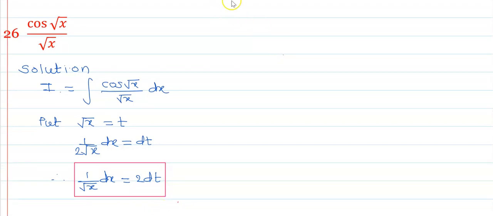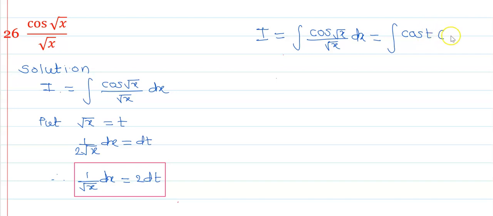Now our integral I is equal to the integral of cos of root x upon root x into dx, which is the integral of cos of t, with dx upon root x being 2 dt.